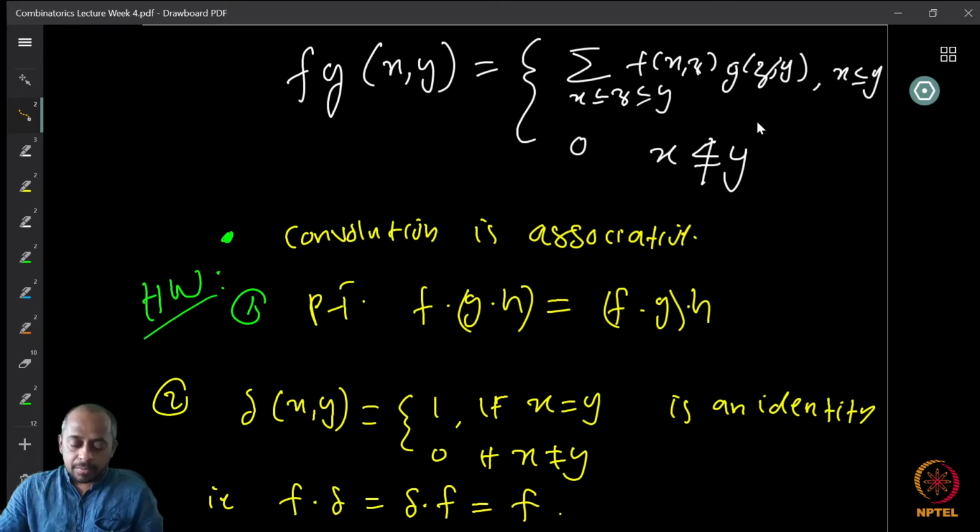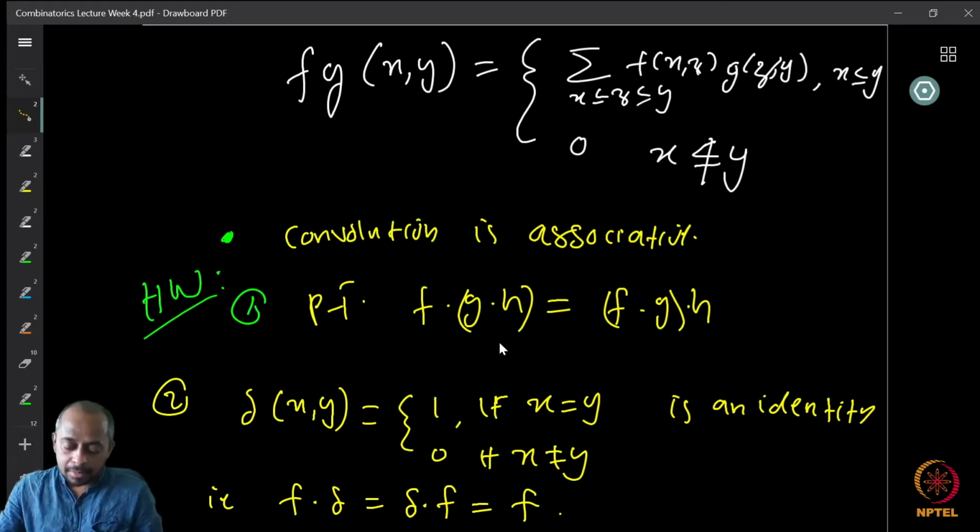Now, the way we have defined convolution, it is associative. I want you to do this as homework: prove that f dot (g dot h) is equal to (f dot g) dot h.